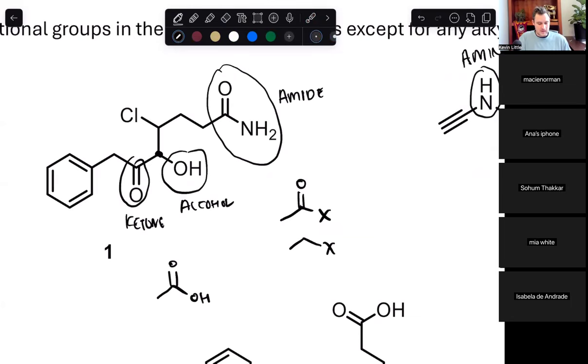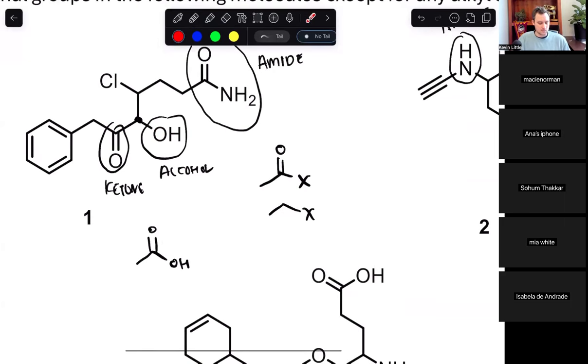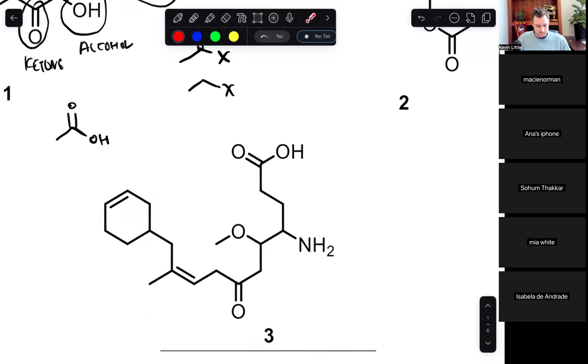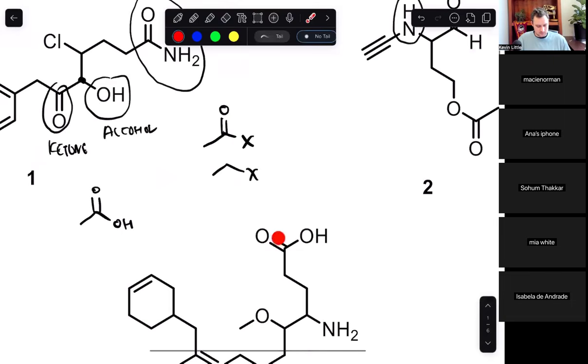That extra carbon here means that this is no longer a carboxylic acid. It has to be directly connected to the carbonyl. So those are two different groups. That's one place people will get this wrong: they'll think that this is a carboxylic acid, or that this is an amine with a ketone or something like that. You can see the difference, right? Here's a carboxylic acid.